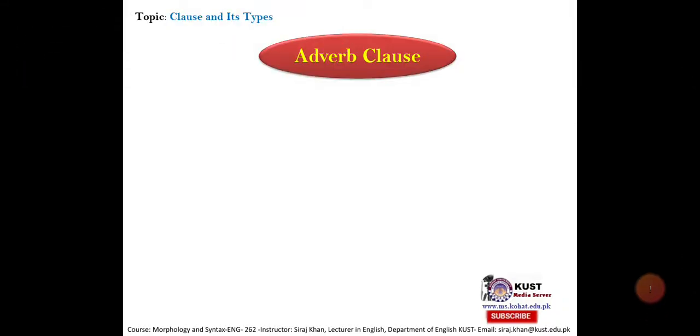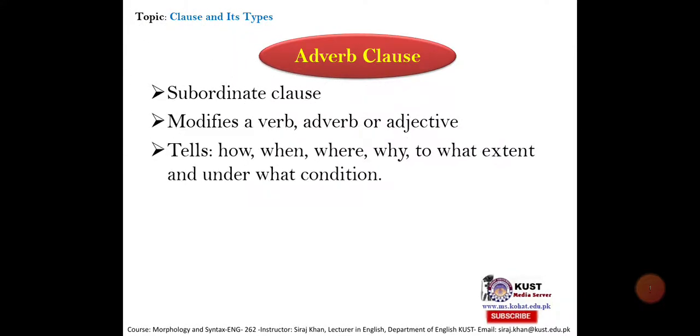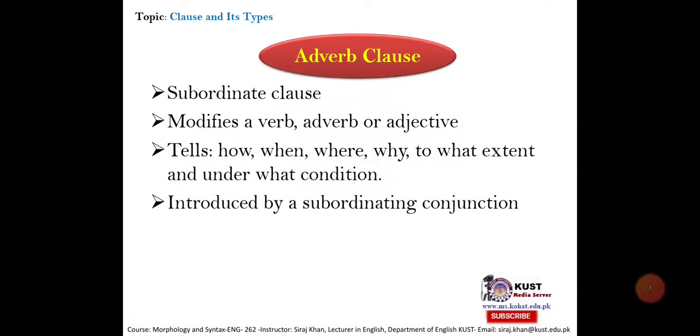It mostly uses some of the subordinating conjunctions. A subordinate clause modifies a verb, adverb, or an adjective, tells how, when, where, why, to what extent, and under what condition, and is introduced by a subordinating conjunction.